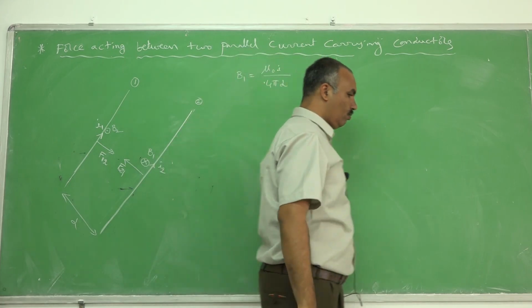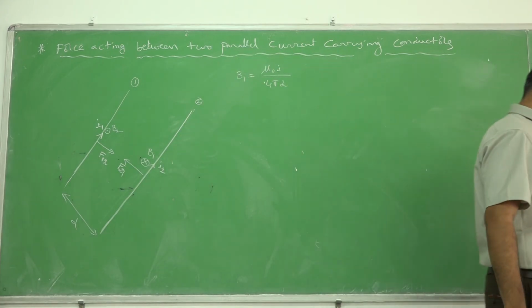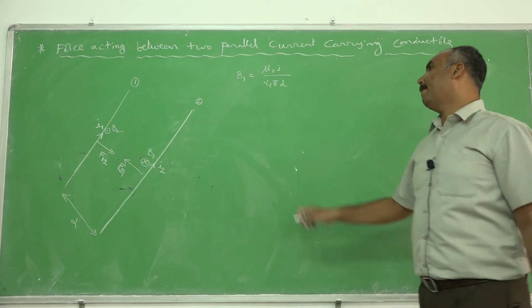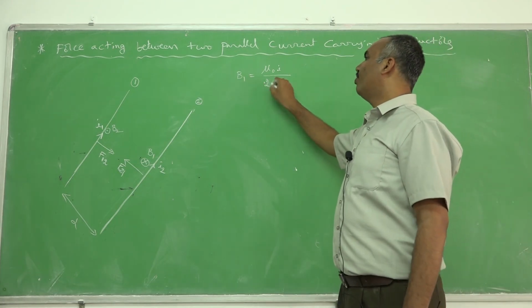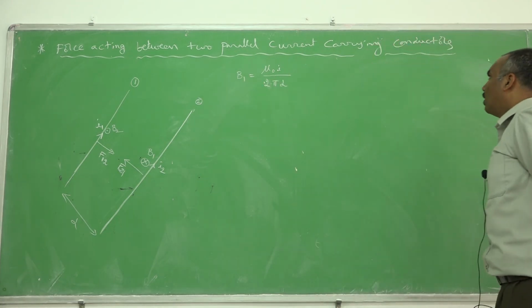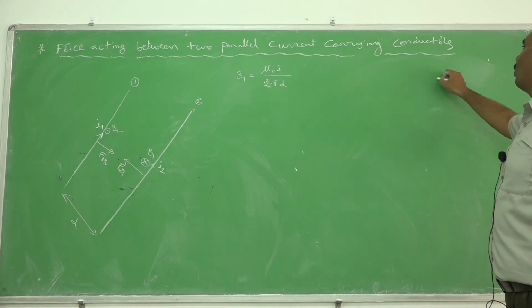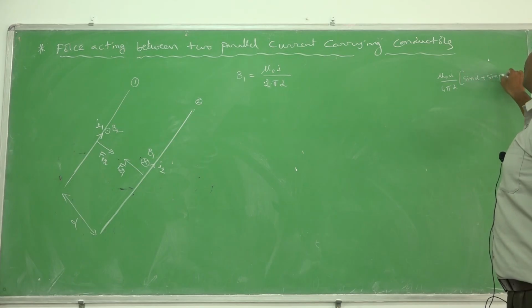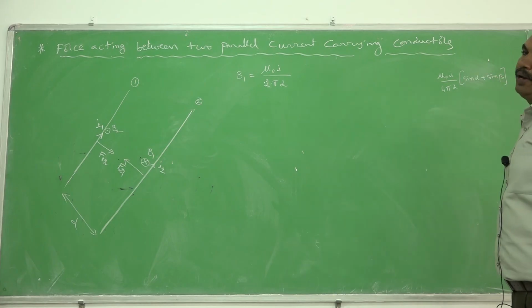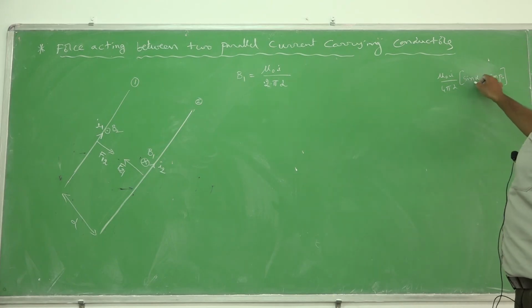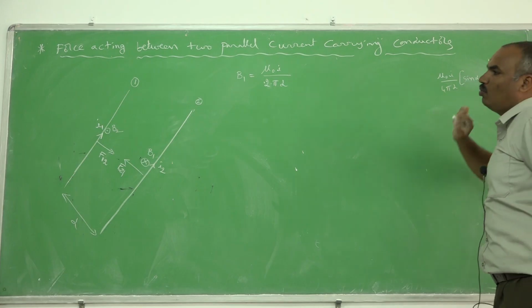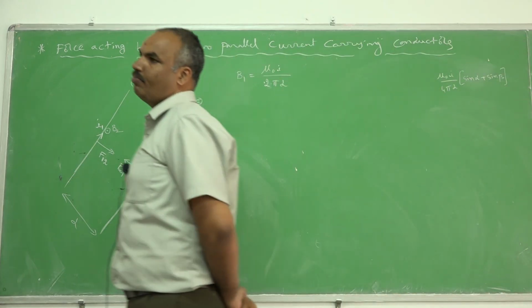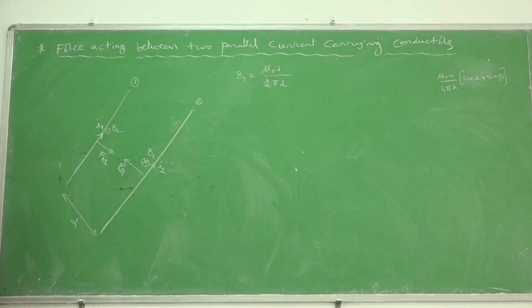Is it correct? 4 pi d or 2 pi d? Mu naught I by 2 pi d. This is the formula for magnetic field. Already we know the exact formula, mu naught I by 4 pi d into sin alpha plus sin beta. Here alpha and beta both are tending to 90, so sin 90 is 1, and these two will give 2 times. This is the strength of magnetic field, which is into the paper.